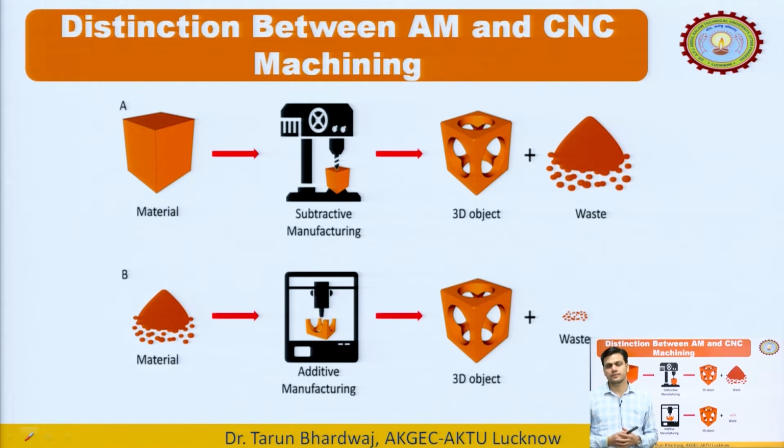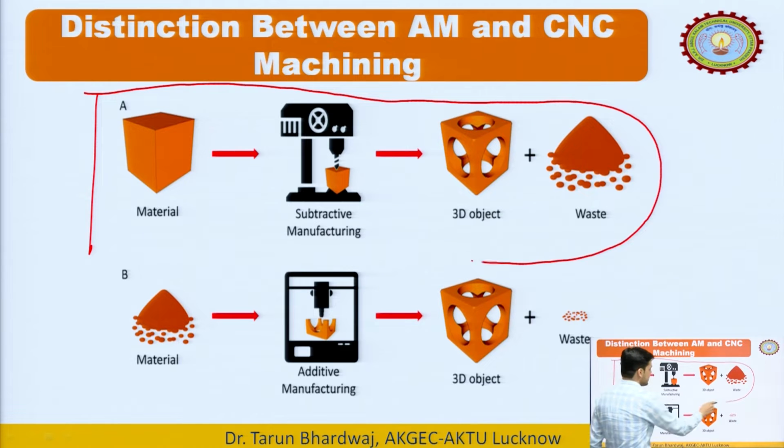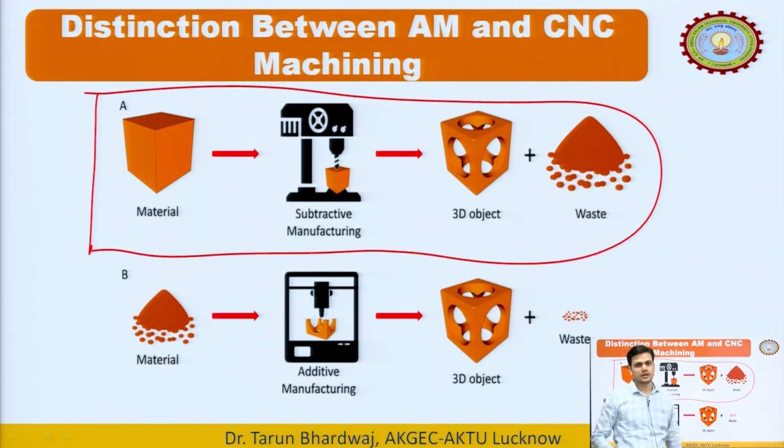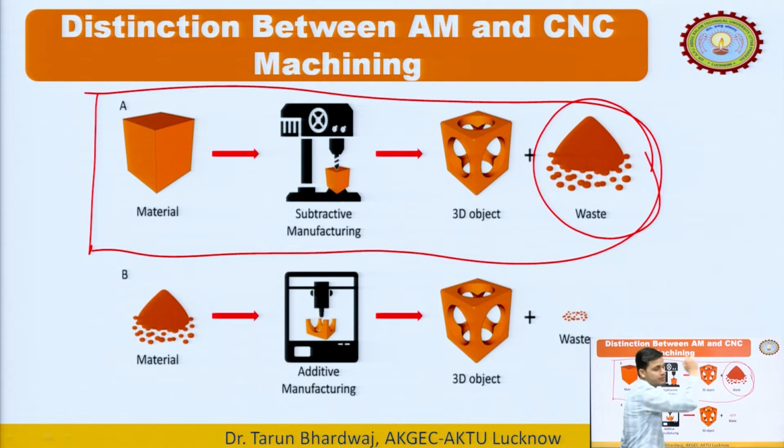In the first diagram, in A, this is related to your CNC machining, where you have material that is being cast. This is the casted material. So, what you do is take it to subtractive manufacturing, meaning you take your material to the CNC machining and then use it to create any 3D object. And this is the material wastage, which as I told you is a disadvantage, that the wastage is very high in CNC machining if we compare with additive manufacturing technology.